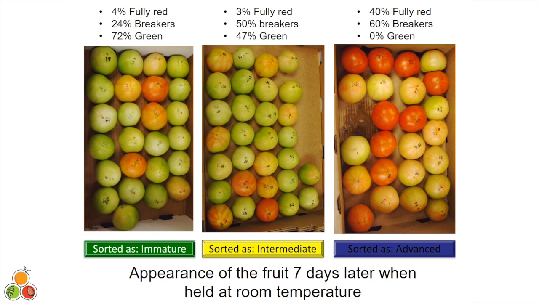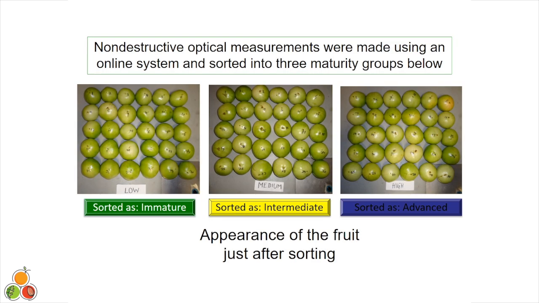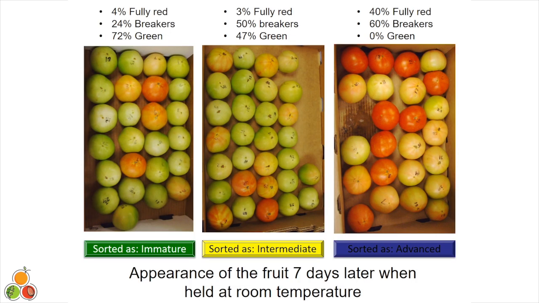These tomatoes that were classified as immature, 72% were still green 7 days later. The opposite end, that were considered advanced, matured, 0% were green. So this could help you redirect your product, or store it appropriately. The world is the limit at that point.